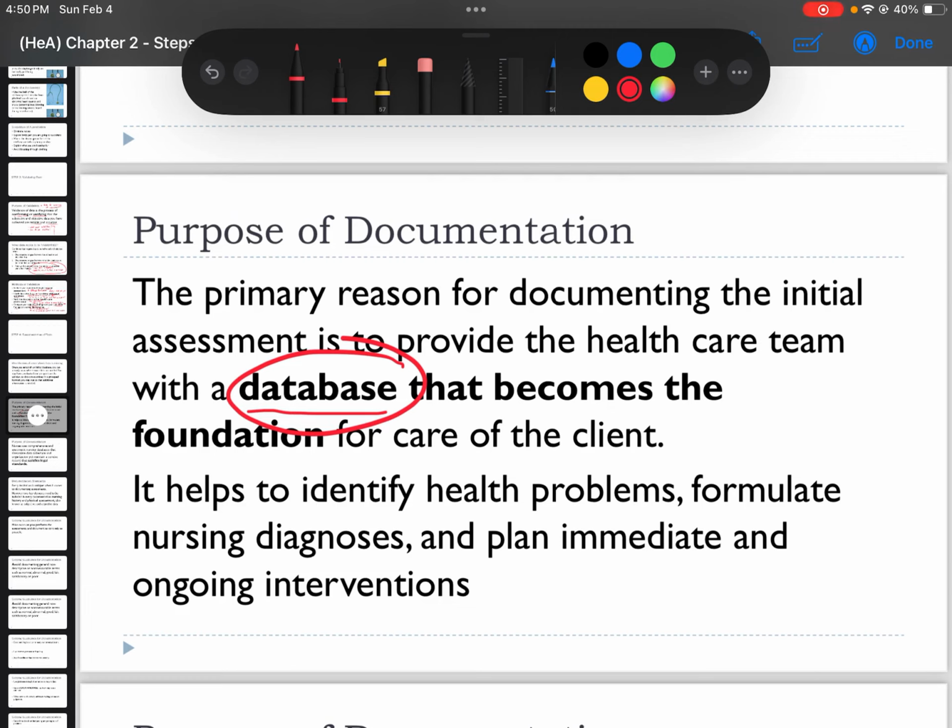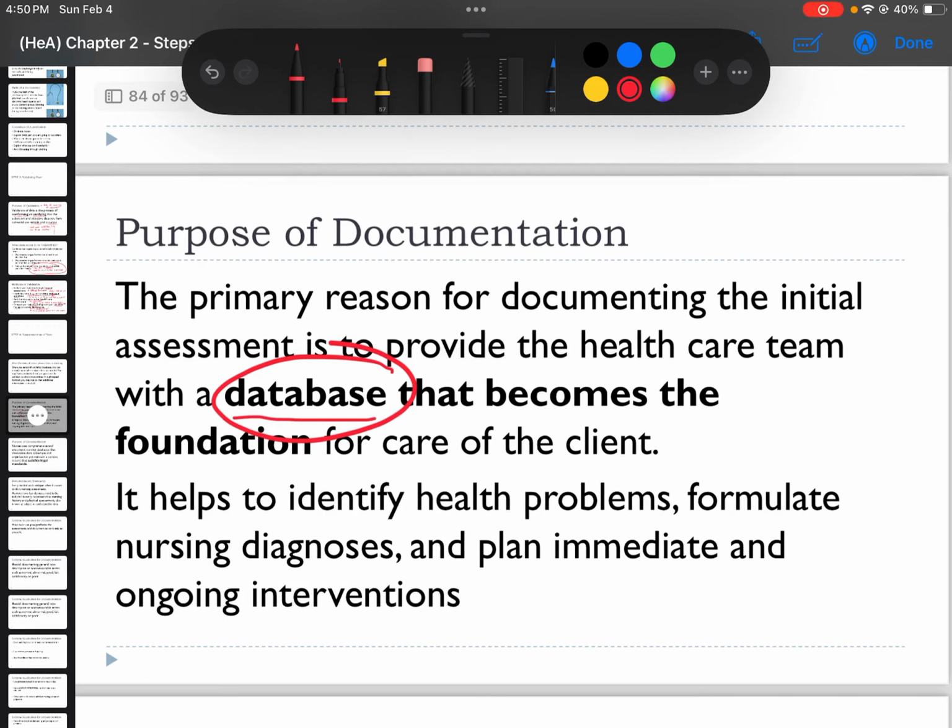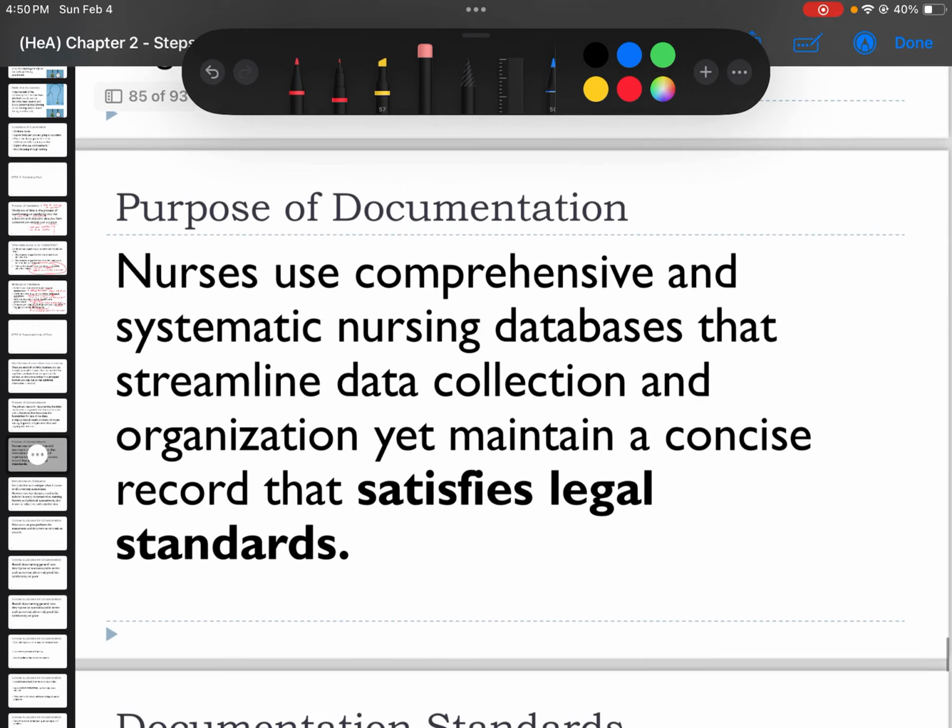So that's why our documentation needs to be uniform. It needs to be concise, it needs to be complete. Okay? And because of our completeness, our conciseness, no, it becomes a database. Okay? A database that anyone in the healthcare team can understand, not only you. Okay? So there are a few guidelines, no, when it comes to our documentation.